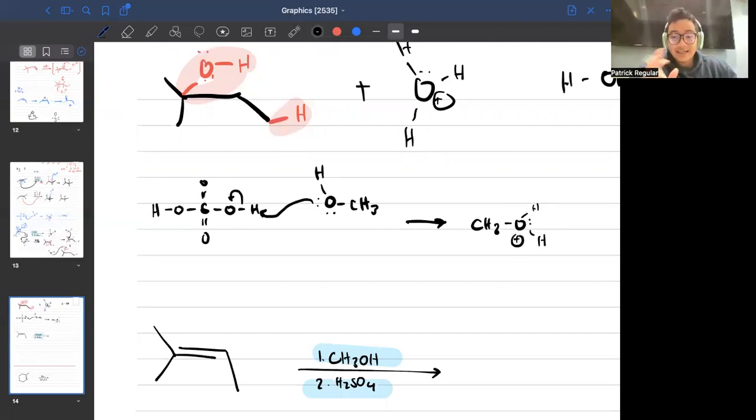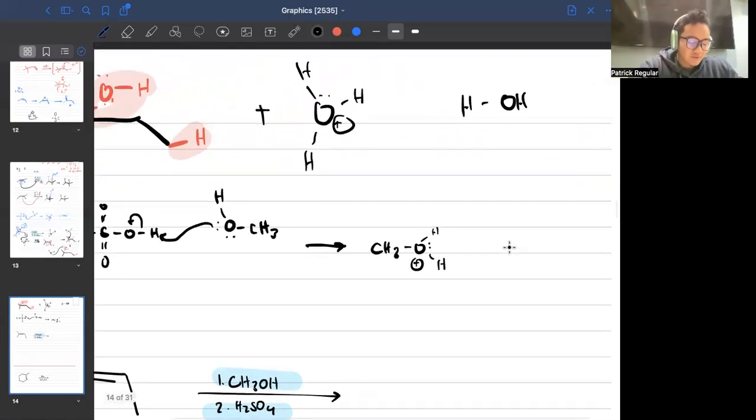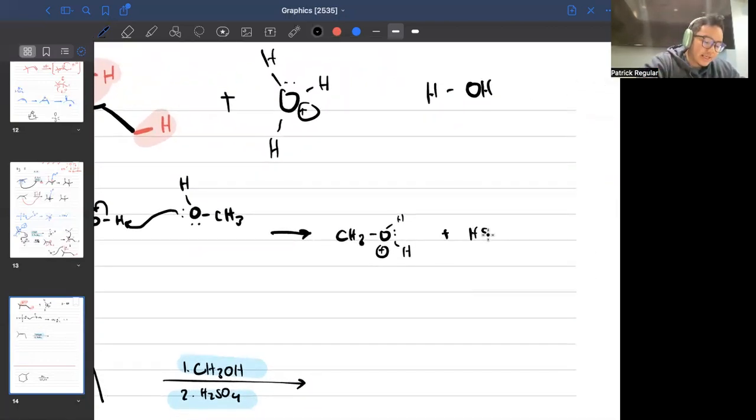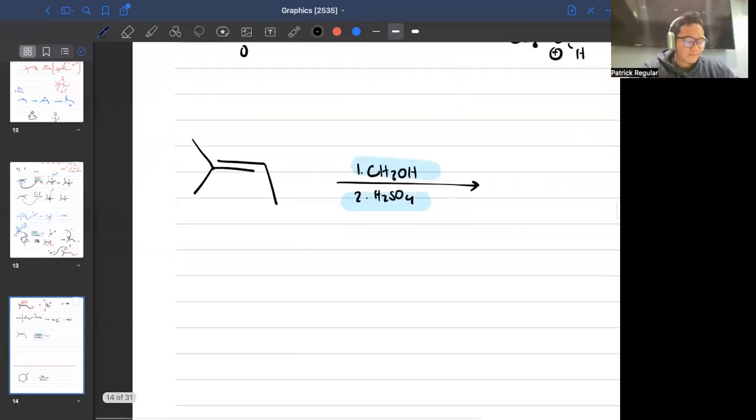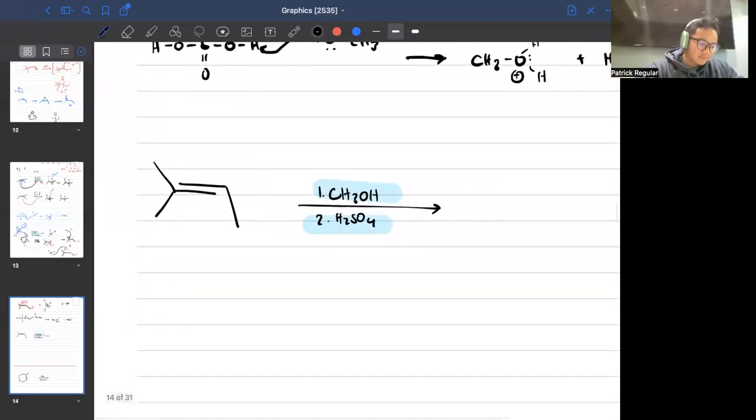And when you draw this on the test, do not forget your formal charges. That is another point. Do not forget the formal charges. And then we get HSO4 minus. And I'll just leave that be in the solution. Ignore it. Now we have that protonated methanol in the reaction. HOH CH3, double bond breaks. Where's it going to attach to? The hydrogen. Hydrogen's the electrophile.